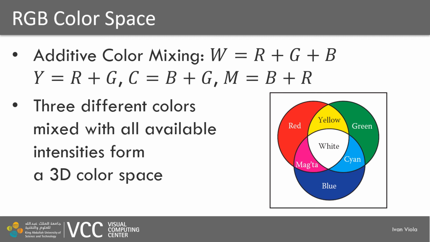If the colors are light sources themselves, so they are not subtracting light but adding it, then we are using the RGB color space in the way described here. You can try it out if you use three different projectors, one projecting a red color, one projecting green, and one blue, partially overlapping.